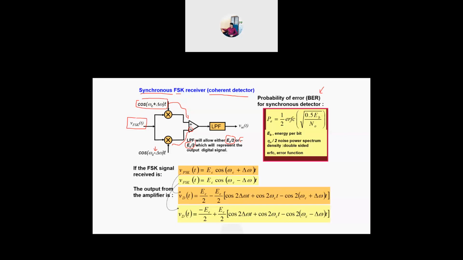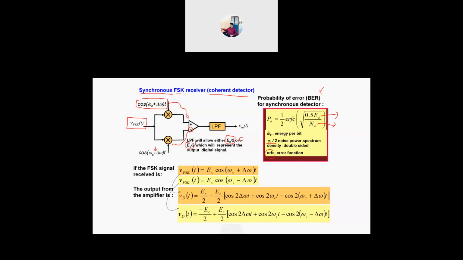This one is the energy per bit, and this one is your noise power spectrum. So if it's double-sided, it will be like this and not over 2. So erfc here refers to the error function, as I told you just now.